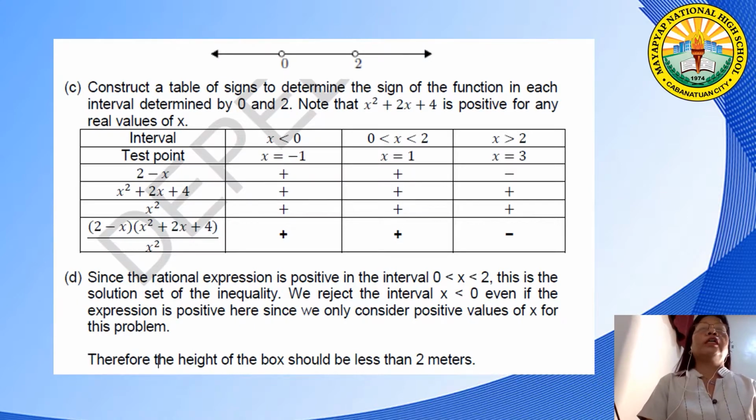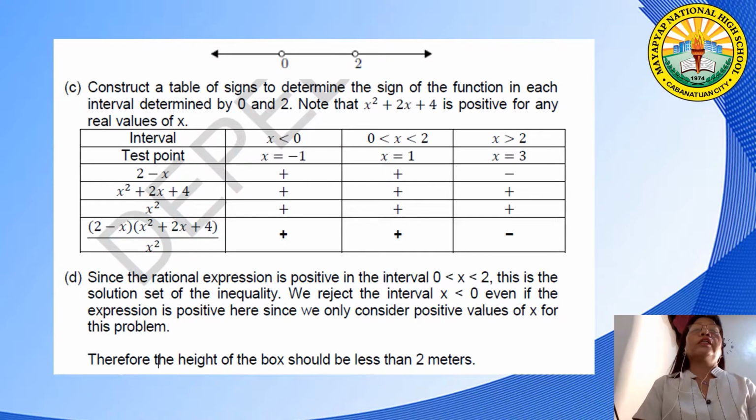And these are the resulting signs of the values for each interval and test point. So since the rational expression is positive in the interval 0 less than x less than 2, this is the solution set of the inequality.